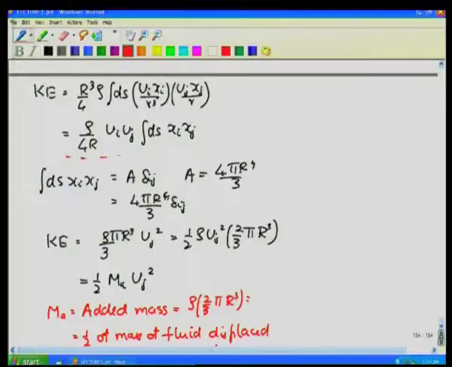But since in potential flow one can always reduce the kinetic energy to a surface integral, one can always find that the added mass is proportional to the density of the fluid times some fraction or some number times the mass of fluid displaced by the sphere. So, this relation just comes out of the fact that I have an exact result for the potential and the kinetic energy is just related to a surface integral.